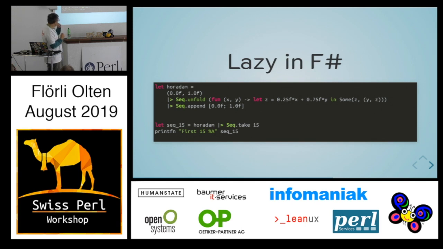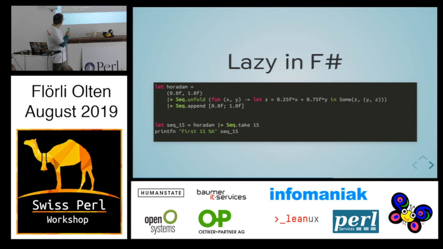So the good thing about this is that by default, F# is going to be lazy. If you do this, we are just defining a sequence, and until you tell it to take 15 elements of that sequence, it's not going to compute that. This is a lazy sequence. Everything is lazy. F# is lazy by default. It's not computing anything.